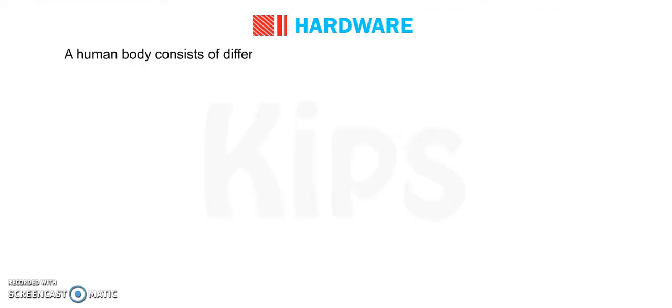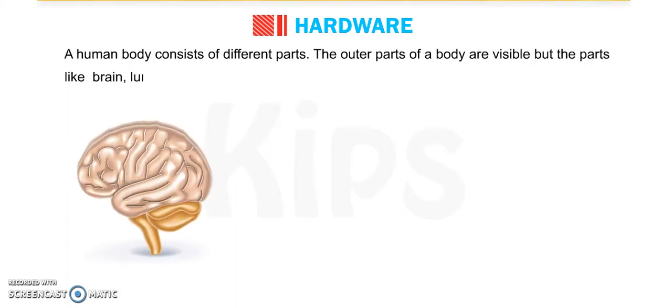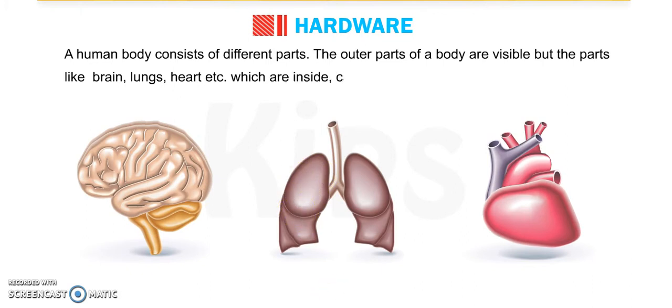A human body consists of different parts. The outer parts of a body are visible, but the parts like brain, lungs, heart, which are inside, cannot be seen.